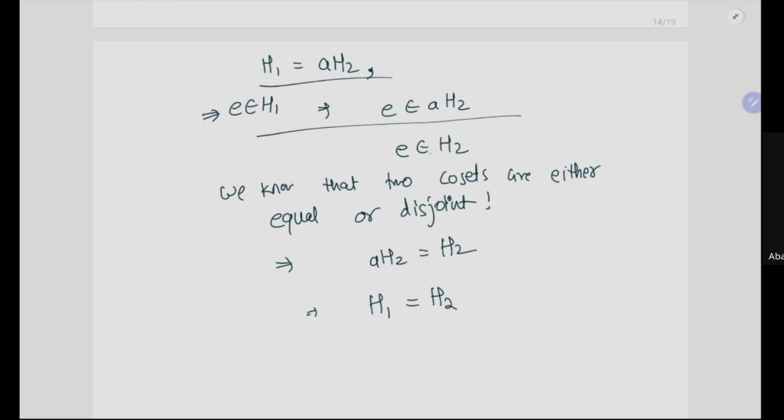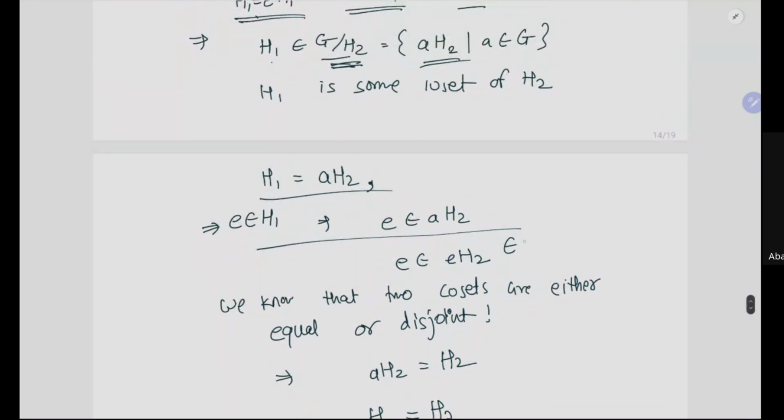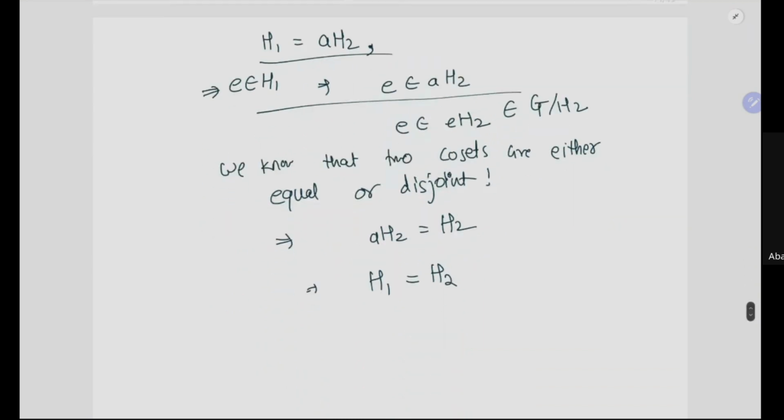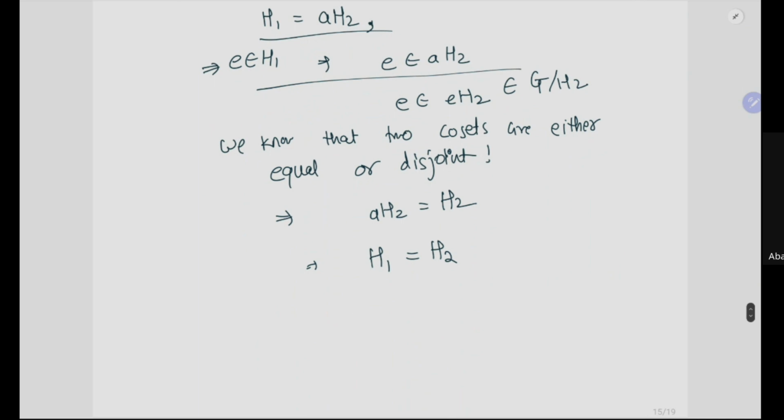But also note that this EH2 is also a coset, and it is also an element of this G mod H2. And we know this fact, the cosets actually partition the group, right?